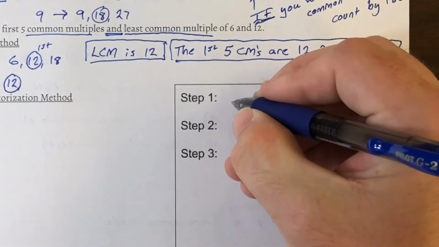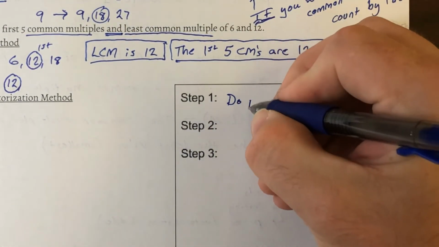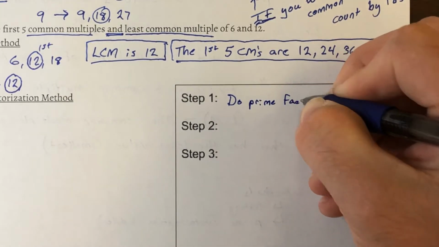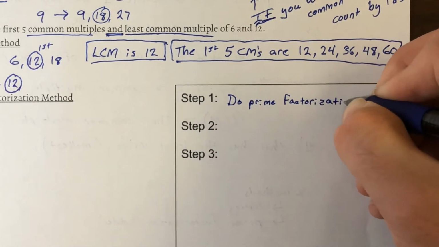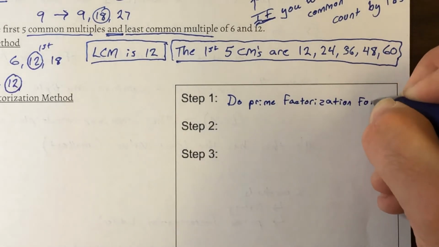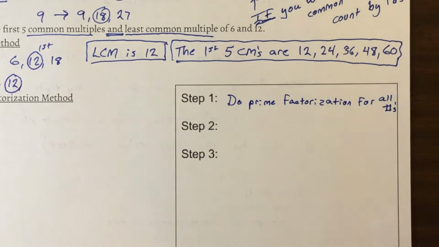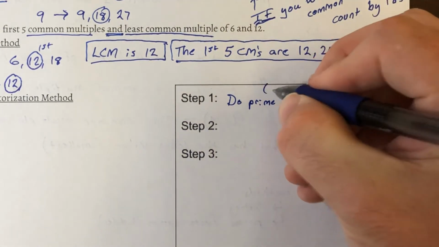The first step being do prime factorization for all numbers. How are we going to do prime factorization?